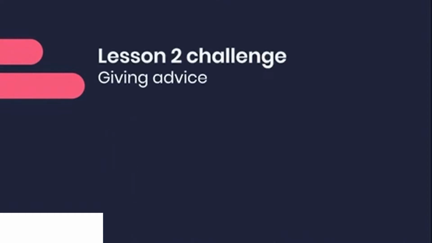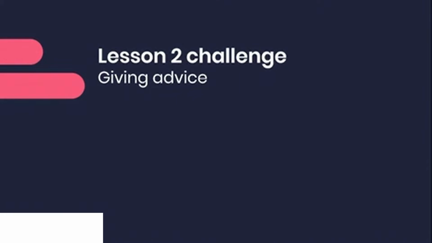But before we get started with this lesson, of course, you know by now, we must first review the last lesson's challenge. In the last lesson, you learned about a variety of language functions. One of those functions was giving advice. As you know, giving advice is a very important part of forming friendships and professional relationships.